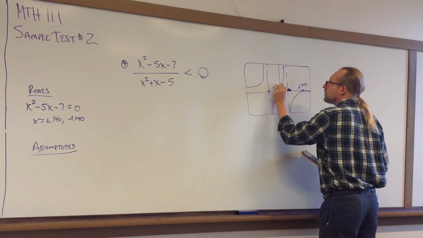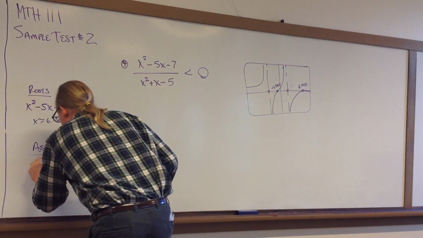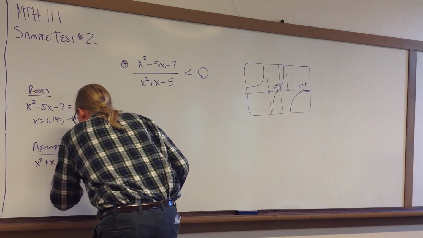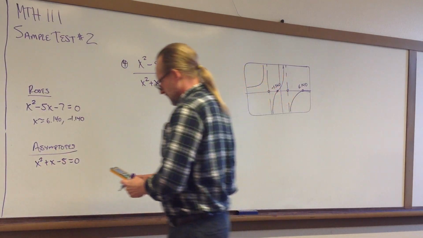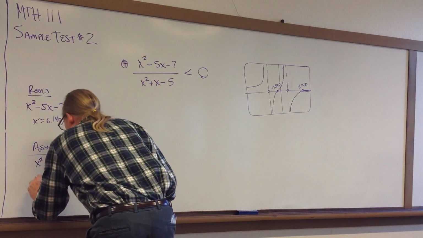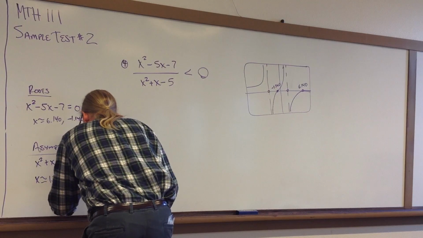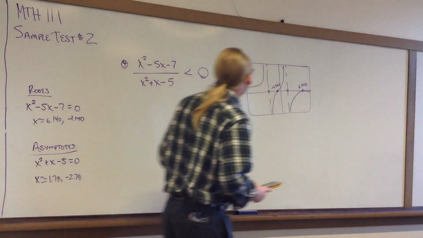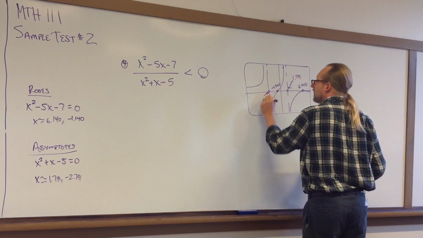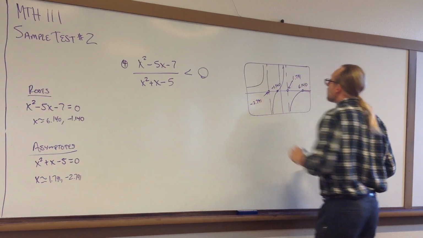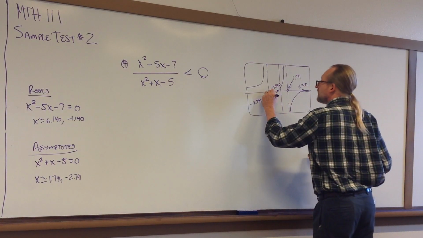And then the asymptotes, x squared plus x minus 5. That's going to be 1.791 or negative 2.791. So there's 1.791 and there's negative 2.791. And we want to know, where is the curve below the x-axis?